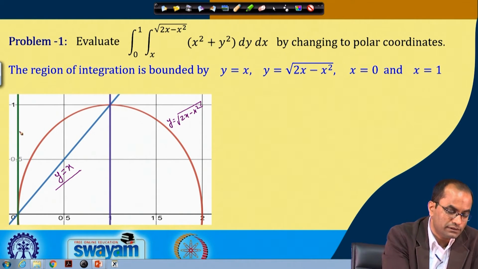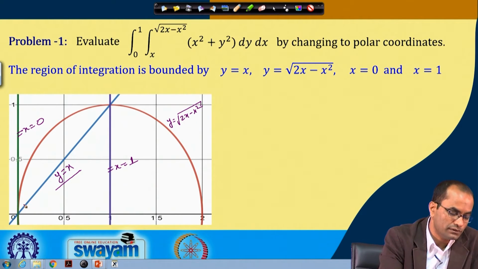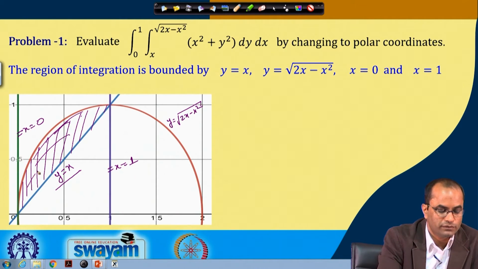So, this is x is equal to 0 line to x is equal to 1 line, and the region enclosed by this one, from the line y equal to x to the circle. So, this is the region of integration which we are using here, and we have to now cover it with the help of the polar coordinate.